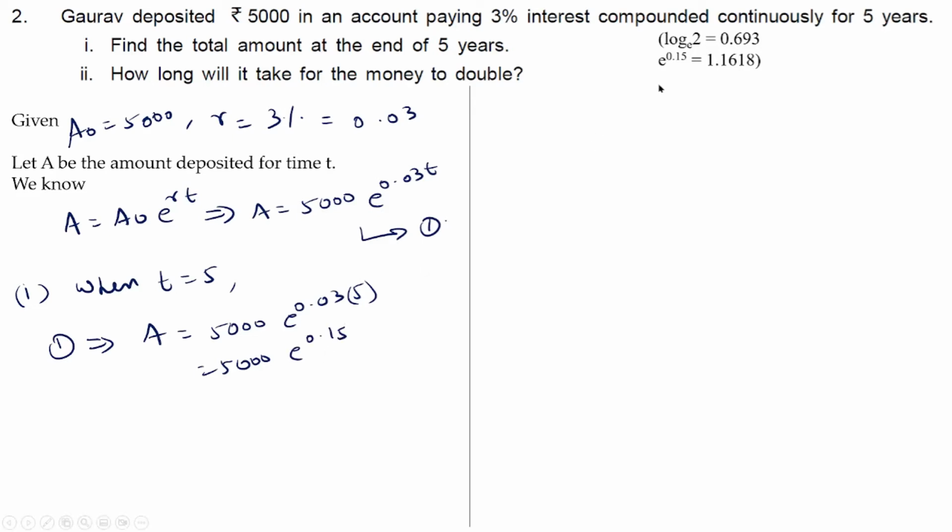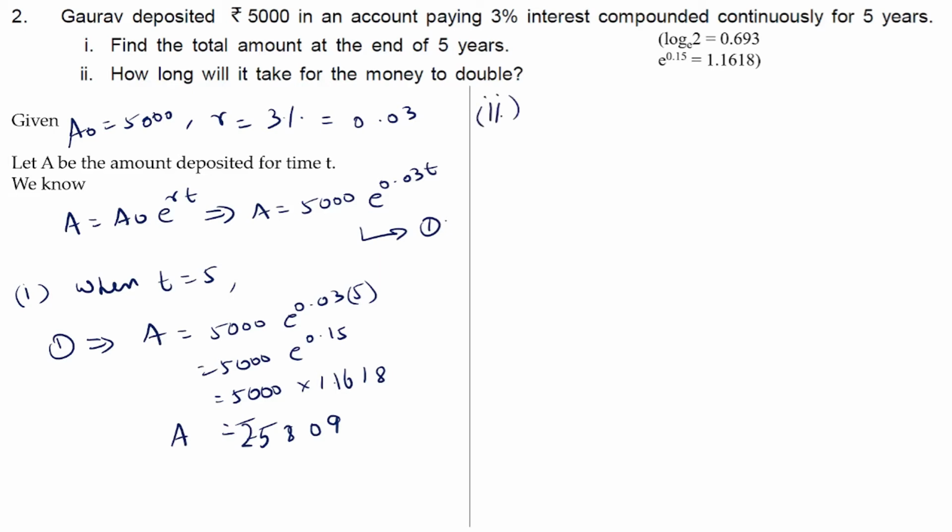The value of e raised to 0.15 is 1.1618. So this is 5,000 into 1.1618. When we multiply, we get 5,809. So the amount at the end of 5 years is rupees 5,809.